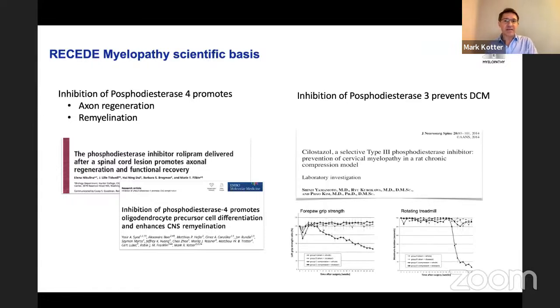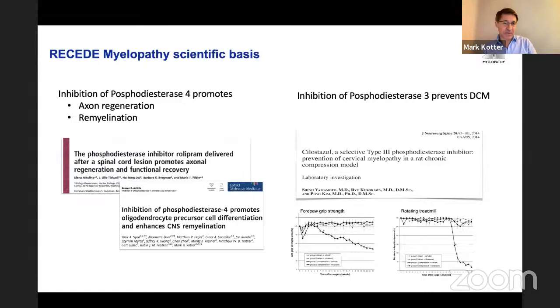There's been another study that tested another phosphodiesterase, phosphodiesterase 3. They found that in a similar model, treatment with a phosphodiesterase 3 inhibitor actually prevents the generation of symptoms.